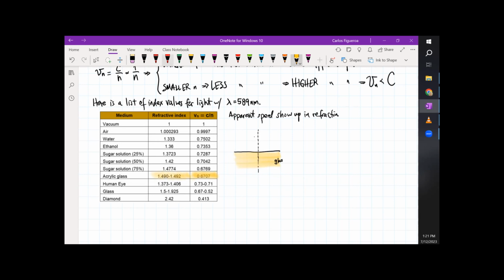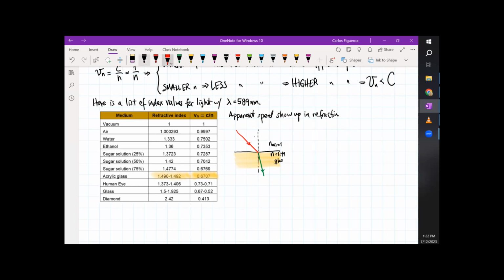So if I have a light ray coming in, and let's say that this is air, and now this is n of glass, which in this case I'm going to say is 1.49, then what's going to happen is that this bends more than, let's say, water.